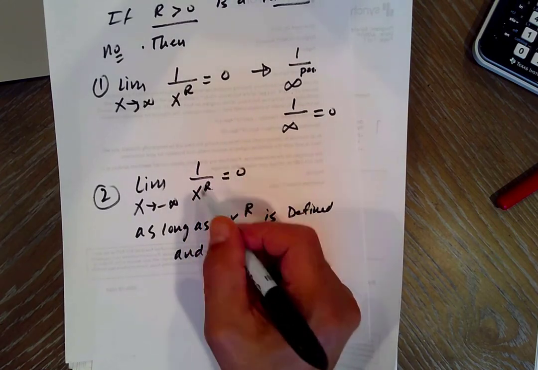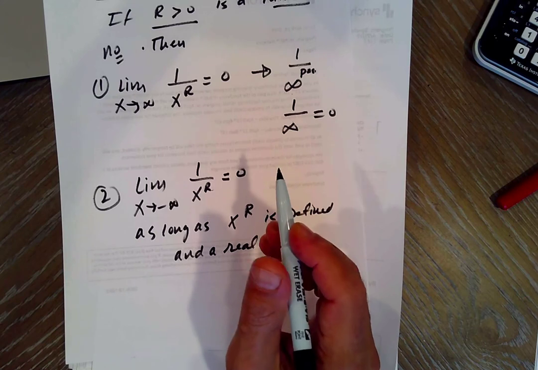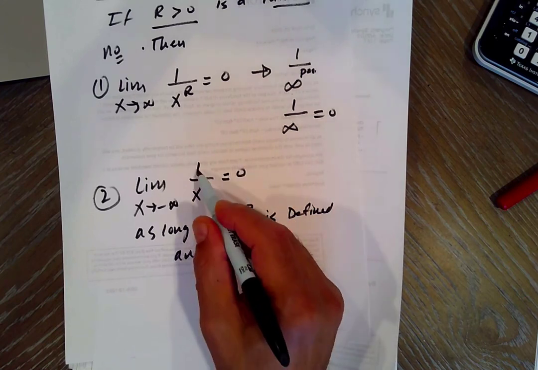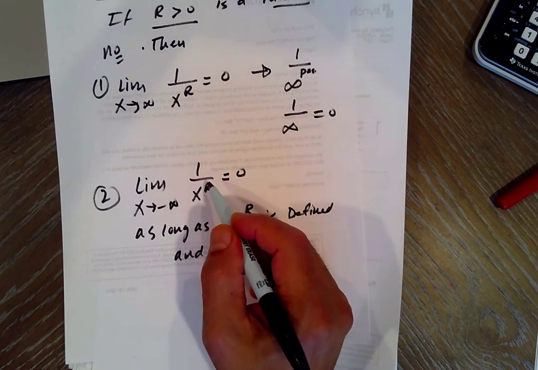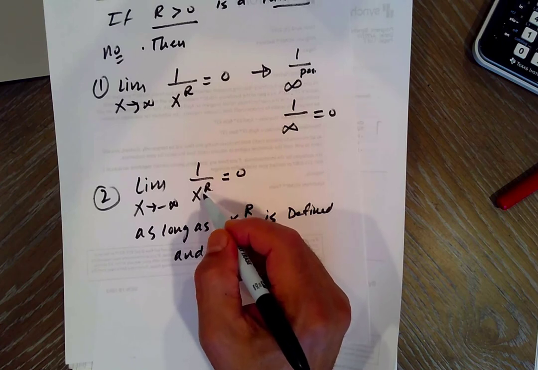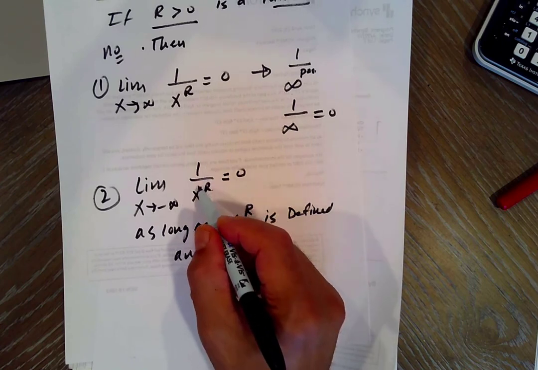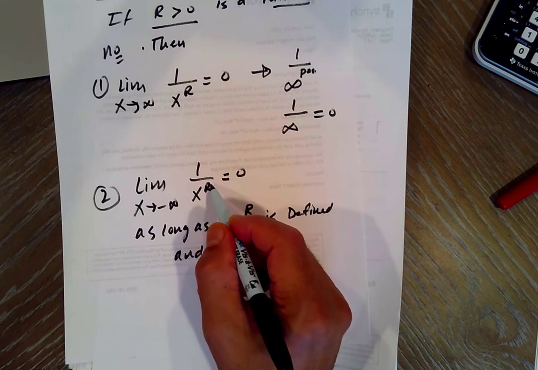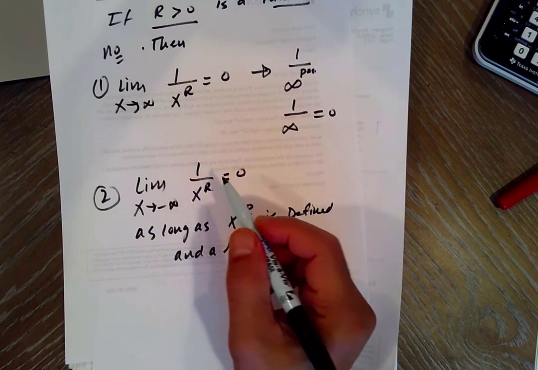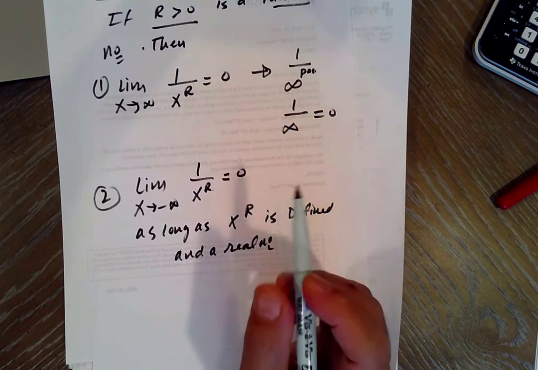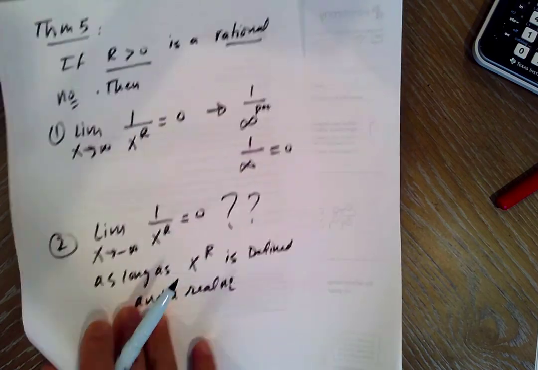So what they mean, I think, by this one, if it's x to the negative, so you have negative infinity, you move it up, it doesn't. Let's wait on this one, okay?